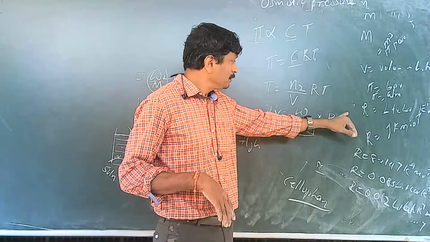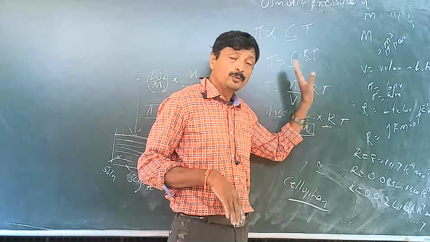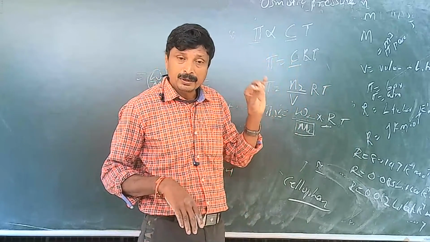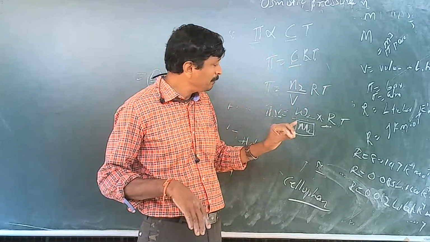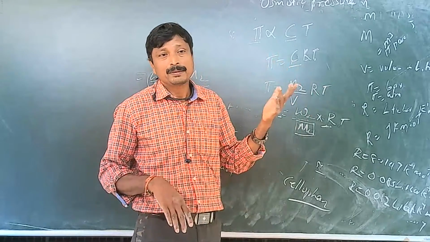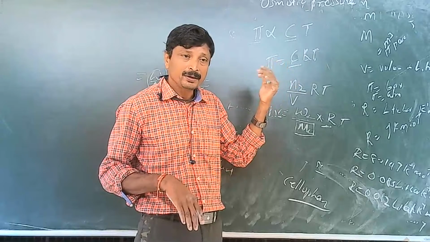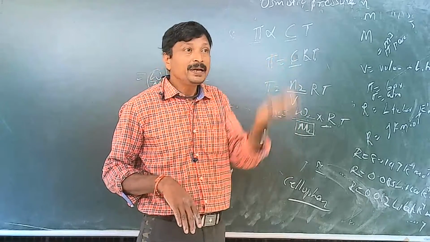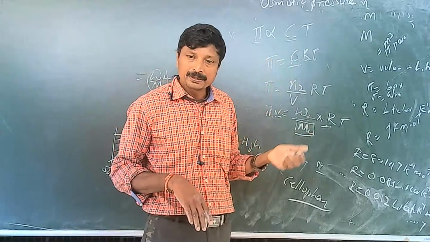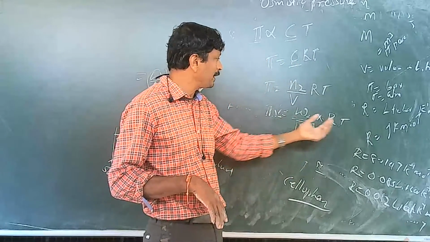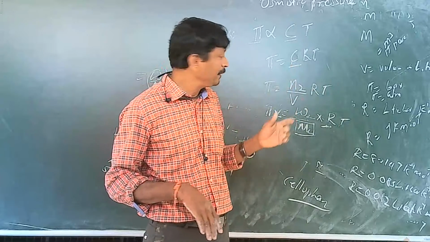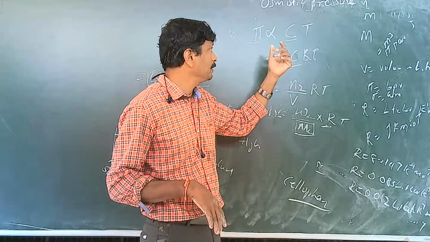Any temperature you can measure, especially for biomolecules, which are stable at room temperature. Some may decompose on heating or cooling. In the elevation in boiling point method you have to heat it, and in the depression in freezing point method you have to cool it. But here we are measuring pi at room temperature. This is the second advantage of the osmotic pressure method.